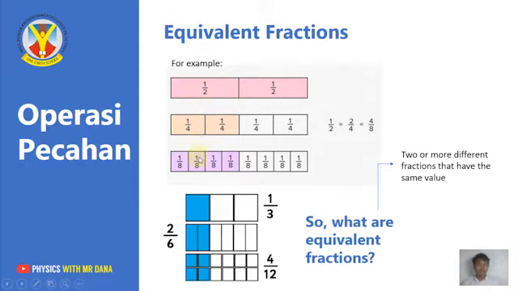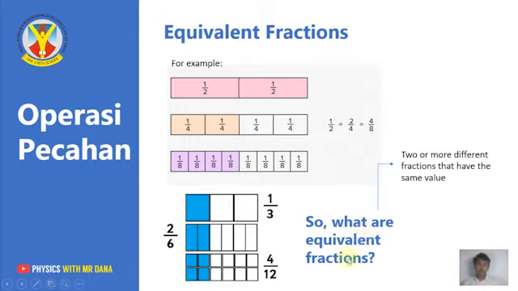That's why we call them equivalent. Likewise, 1/3, 2/6, and 4/12 are different, but they have the same value. As you can see here, the blue parts are the same. That's why we call them equivalent.